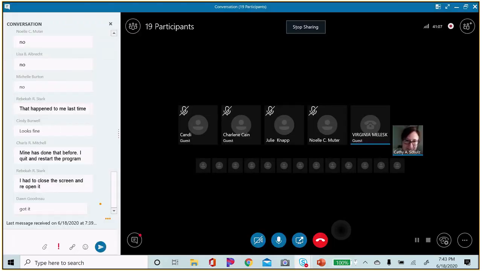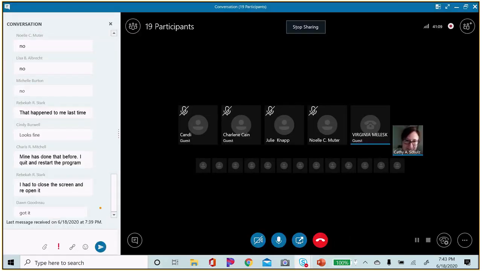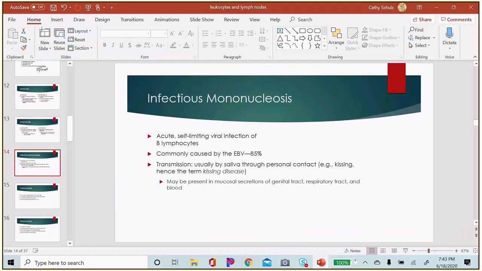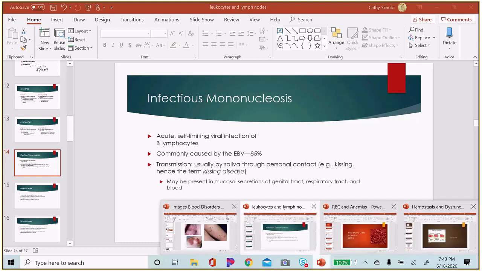So at this point, just as we've talked about the white blood cells, I think I'm going to have us take a little break before we begin mono and the leukemias. So it's like 7:45, we'll take a 10-minute break. I will pull up that study guide and put it on our Moodle site while we're taking a break.